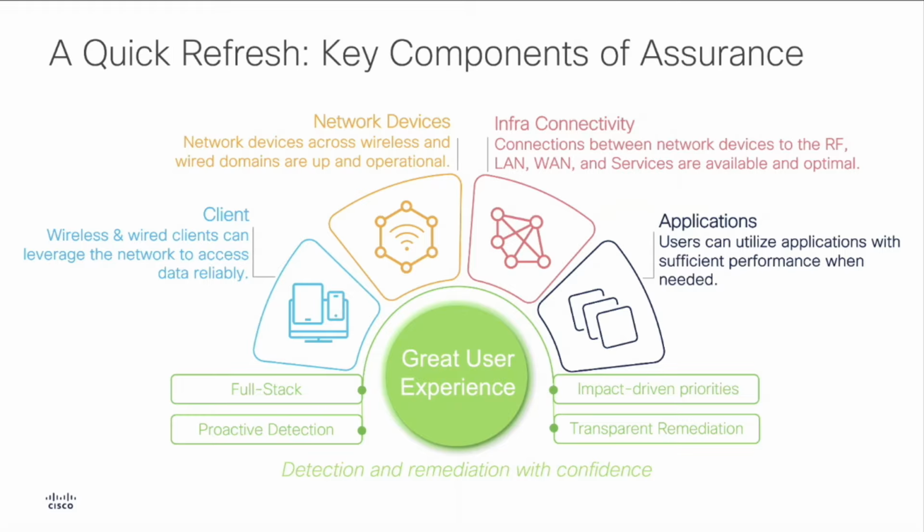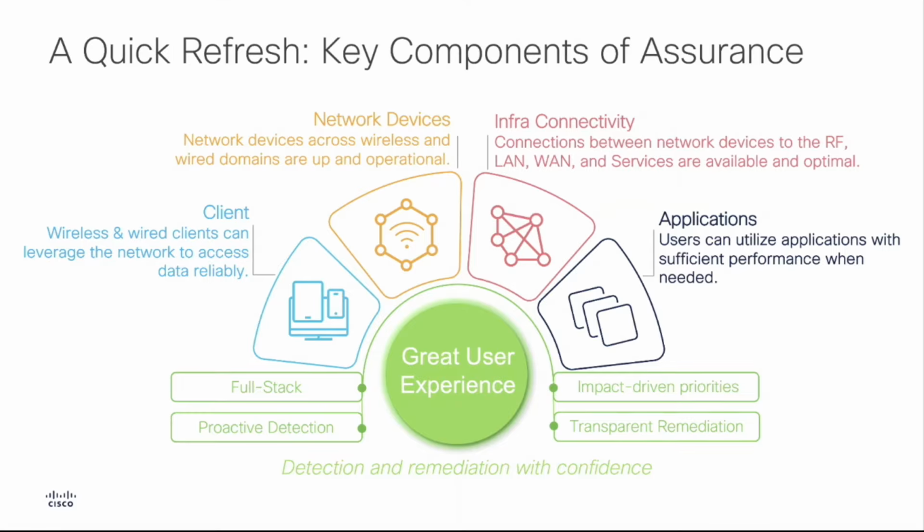We want to make it really easy for our customers to detect and visualize issues in real time. Secondly is remediation, right? We want to provide our customers clear, actionable remediation steps so that they can quickly resolve issues and reduce mean time to resolution, right?